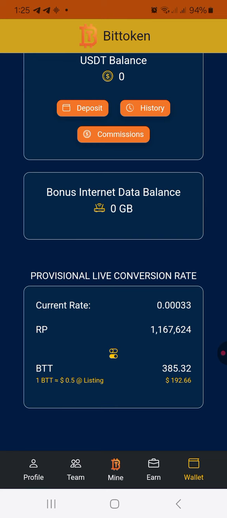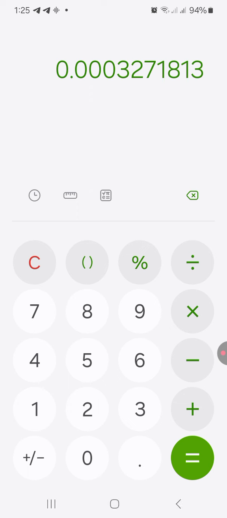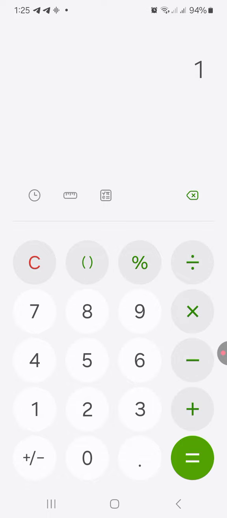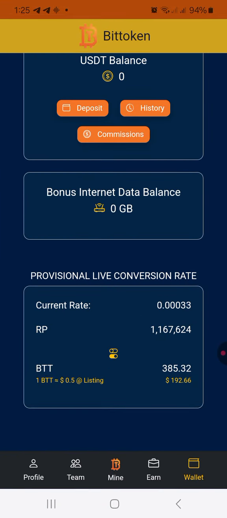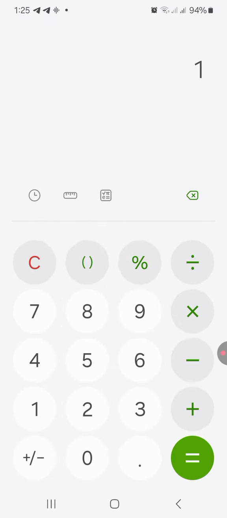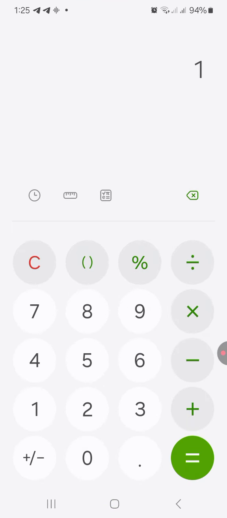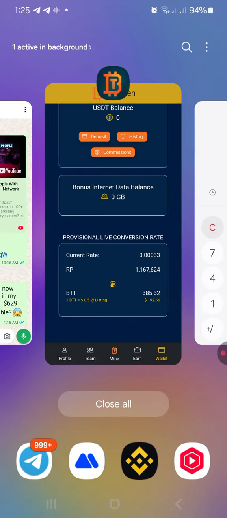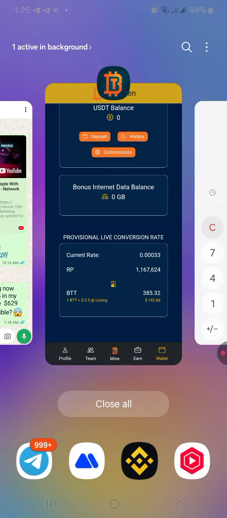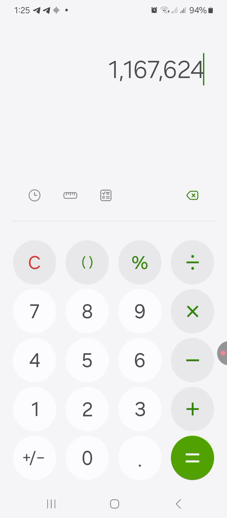Just using an example here, say you had 1,167,624 reward points.